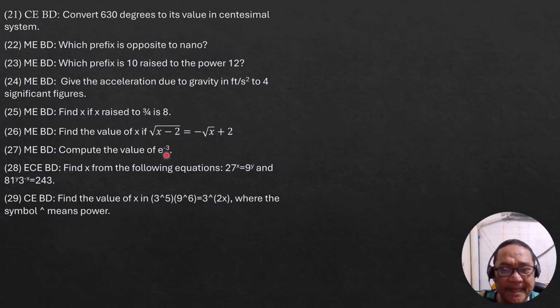2.71828. And remember, from calculus, e is the limit of the quantity 1 plus 1 over x raised to x as x approaches infinity. So that's the expression for e, which is about 2.71828.